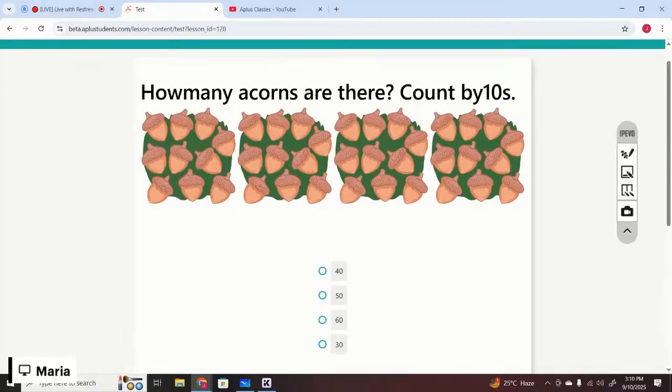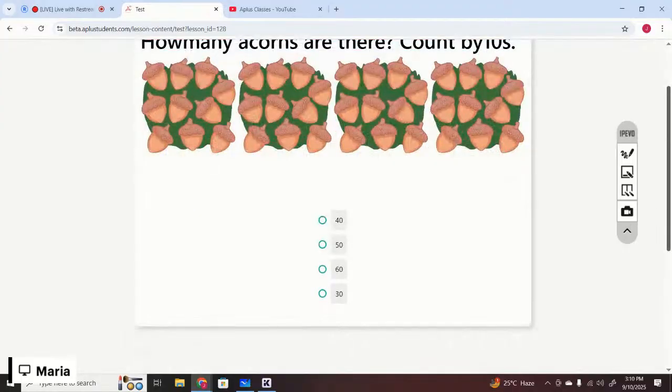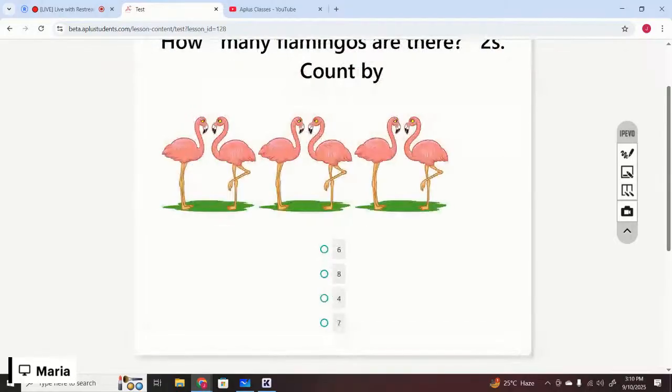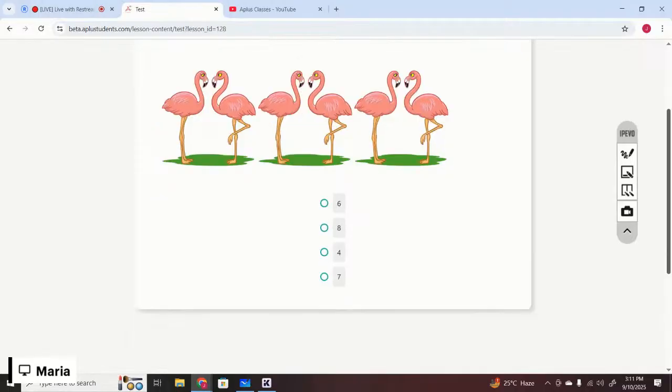How many icons are there? We need to count by tens. They are 10, 20, 30, and 40. The correct option is 40. Option number 1 is the correct option. How many flamingos are there? We need to count them by twos.